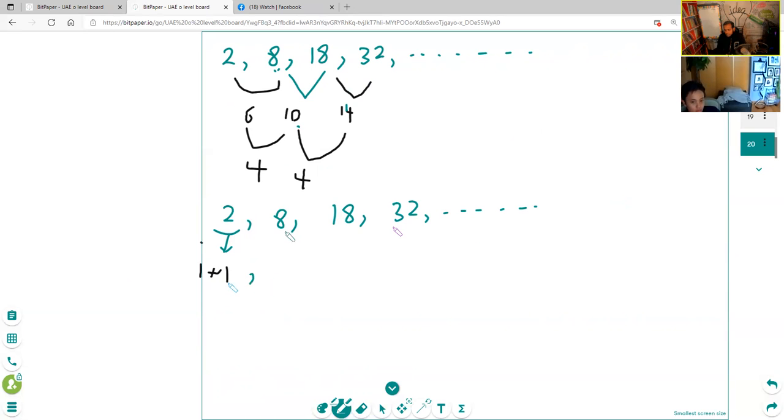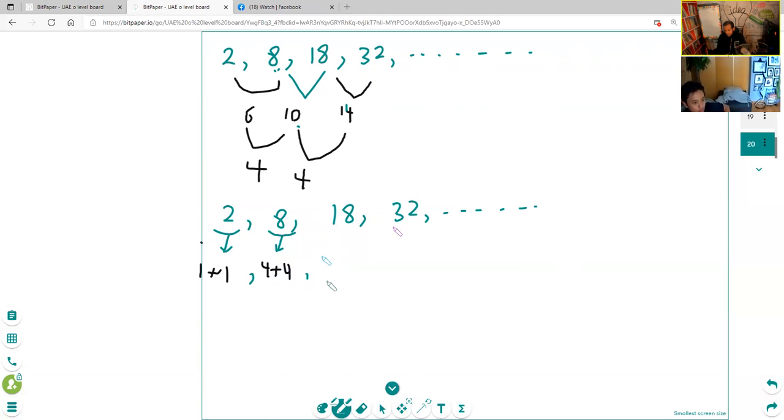What is the second square number? The second square number is 4, so 4 plus 4. Good.